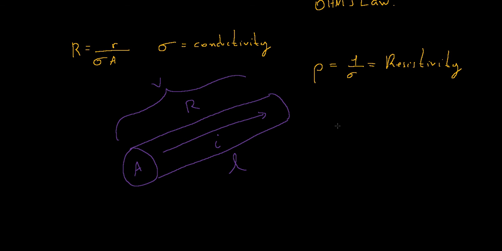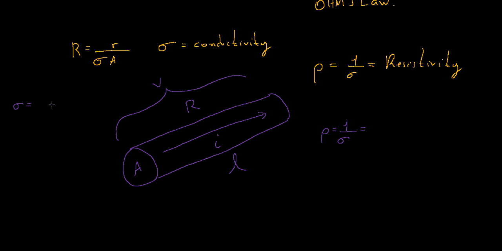So let's work with rho. So rho is equal to 1 over sigma. Let me first write down sigma in terms of the resistance.